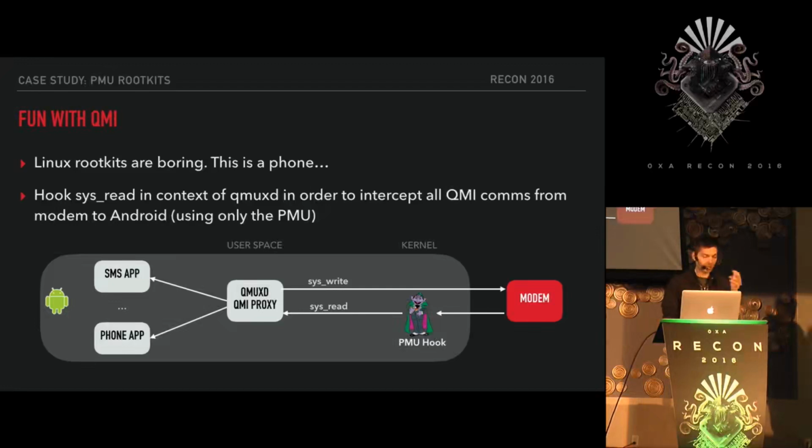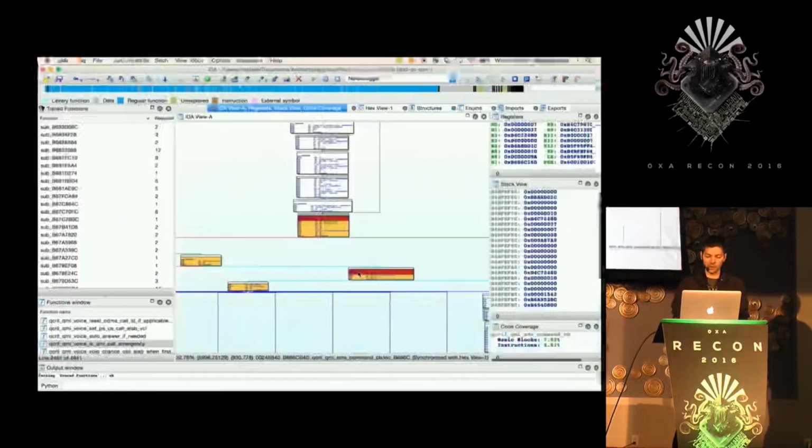You can think of QMI as like a custom Hayes AT command or something, but we're going to hook sysread the same way we just hooked getdents, but only using the PMU. So that's our next demo here.